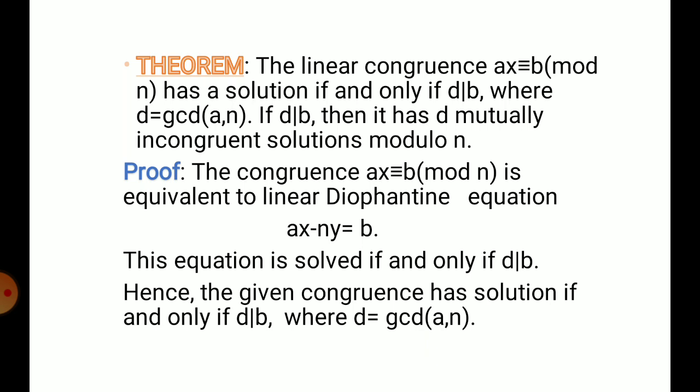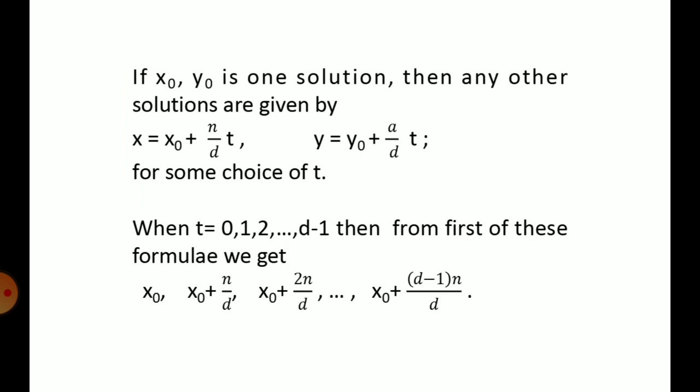The next part is: if d divides b, then it has d mutually incongruent solutions modulo n. To prove this, we shall assume that (x0, y0) is one solution. We have to prove that there are d incongruent solutions modulo n. To prove that there exist d solutions, at first we assume that one solution is (x0, y0).